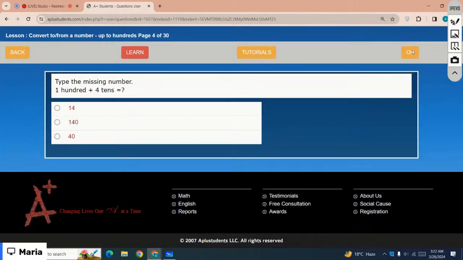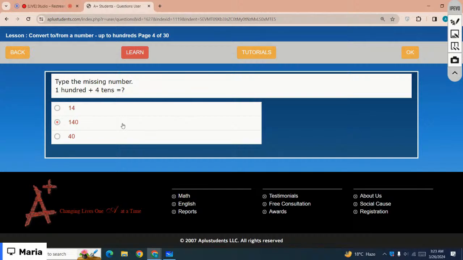Type the missing number 1 hundred, 4 tens, which is the correct option? Option number 2 is the correct option. 104 tens.